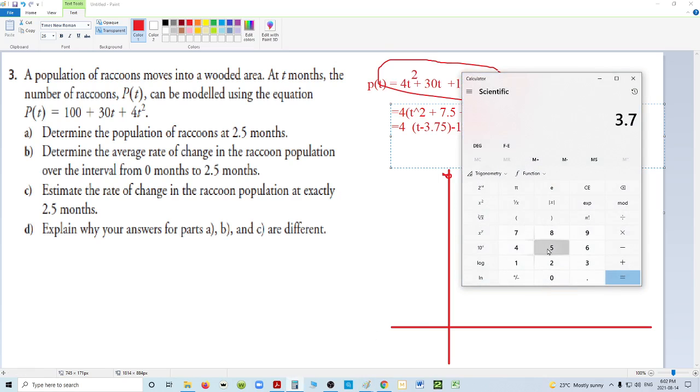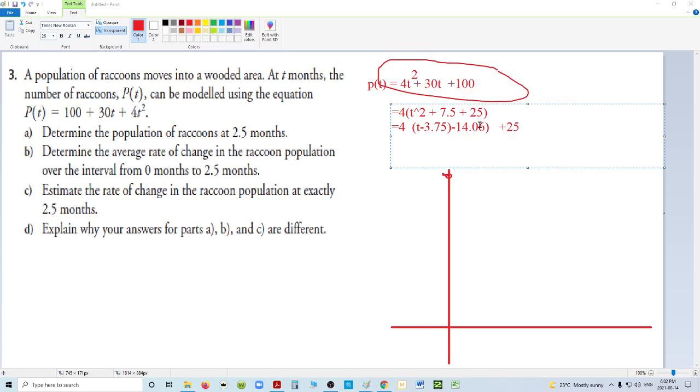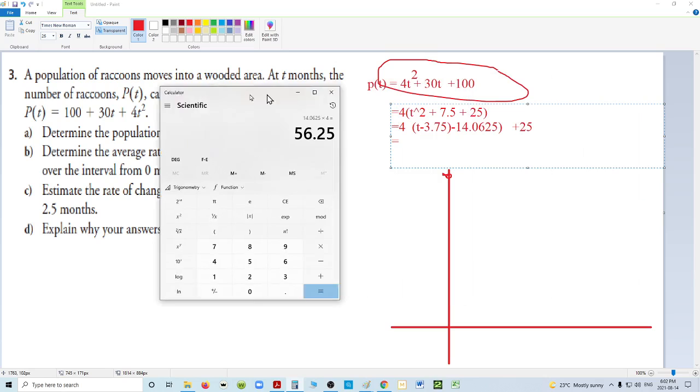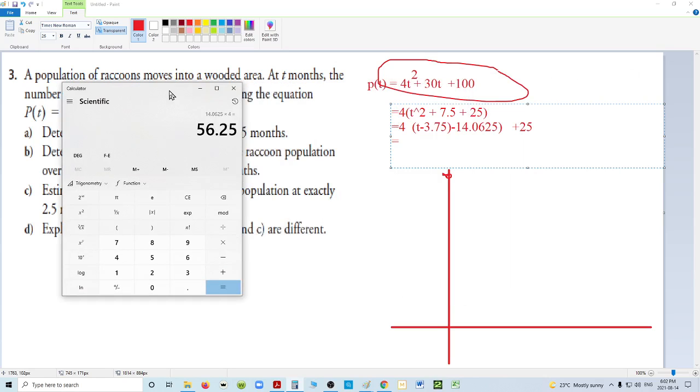And if you don't know what I'm doing, go practice your completing the square. It's very important. Okay, and then when I multiply that by 4, I get negative 56. And when I add that, does that mean this population is declining?